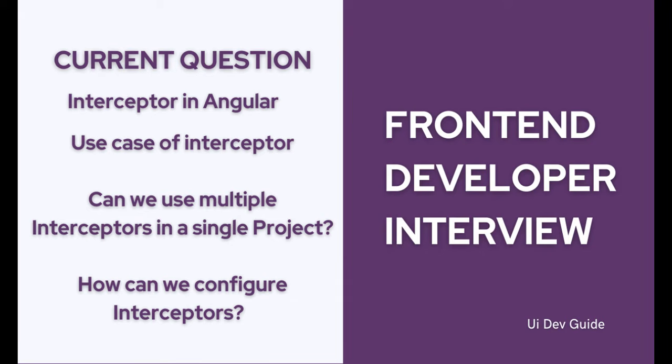Okay. So next question is how can we use multiple interceptors? Yeah, we can use multiple interceptors. Like you can use an error interceptor and a JWT interceptor. If you are getting the data, you can use another interceptor to attach the token and everything, and use the APIs along with it.